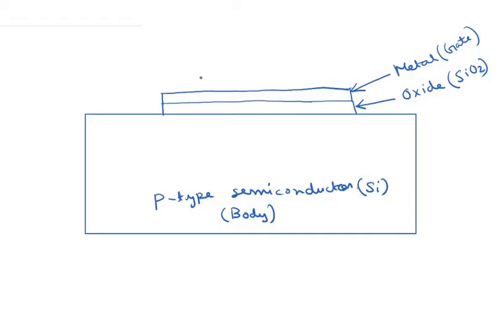Okay, now let us assume that we apply a potential difference between this p-type semiconductor and this metal gate.